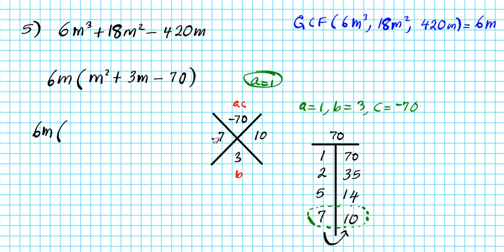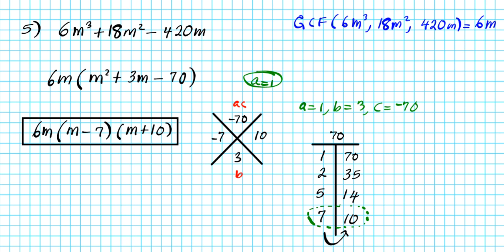Negative 7 times 10 is negative 70. Oh, perfect. So that works. Always check to make sure your x game works before you jump into the factored state. So the answer is 6m times m minus 7 times m plus 10. That is the factored state of the cubic trinomial that we have in question number 5.